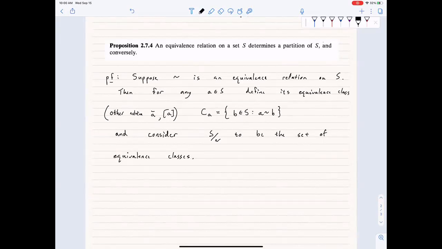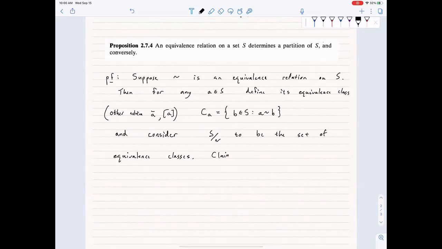So when I take the set of equivalence classes, I might have a CA and a CB, but if CA and CB are the same, I look at them as one. I don't have repeats of these. It's just these individual equivalence classes.